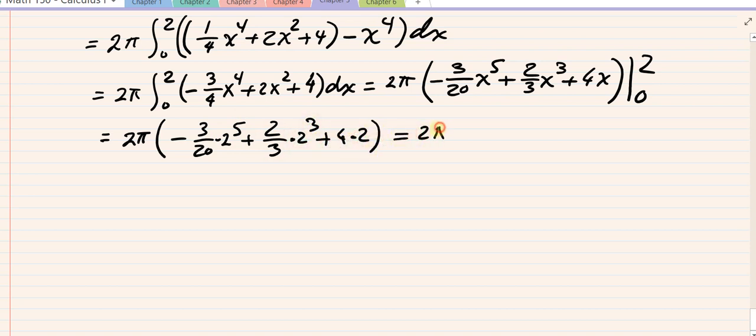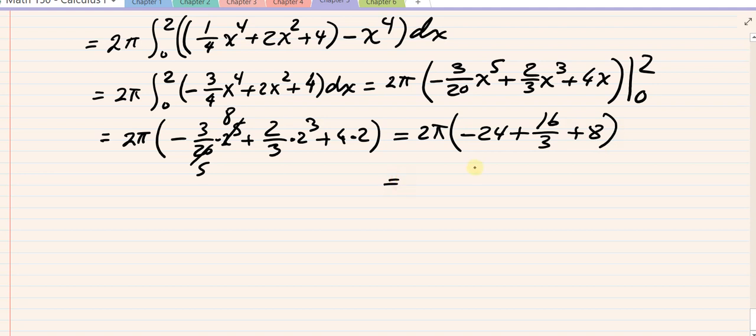That's going to be 2 pi times 2 to the 5th. The 2's cancel with 20, so that's 5. I have 8. So it's going to be -24 plus 8 times 2, 16/3 plus 8.